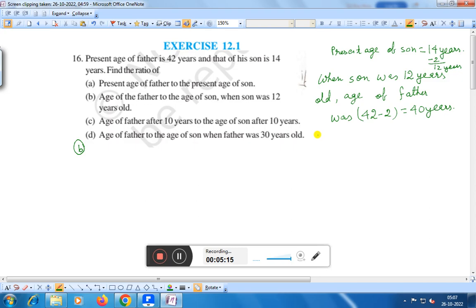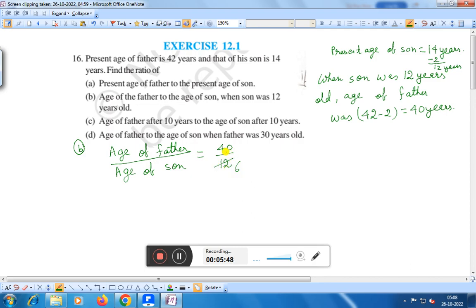Now, when son was 12 years old, the age of father was 42 minus 2, that is 40 years. Therefore, ratio of age of father to the age of son. Age of father was 40 years and age of son is 12 years.